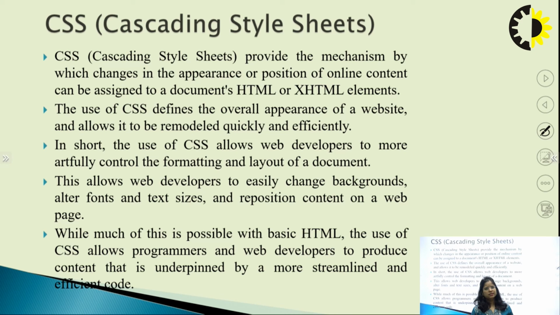CSS, cascading style sheets, provides the mechanism by which changes in the appearance or position of online content can be assigned to a document's HTML or XHTML elements. The use of CSS defines the overall appearance of a website and allows it to be remodeled quickly and efficiently. In short, CSS allows web developers to more artfully control the formatting and layout of a document. So, to style the document, we can use CSS.